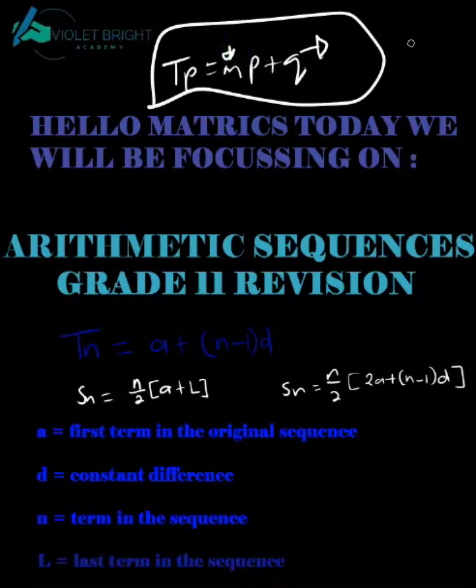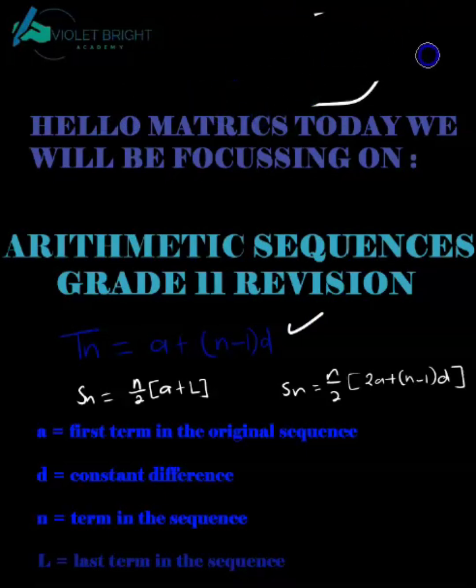So here it will be just simple changes, but it won't be that hard to use this type of formula. This is the general formula that we usually use whenever we are looking for the general term of the arithmetic sequences.